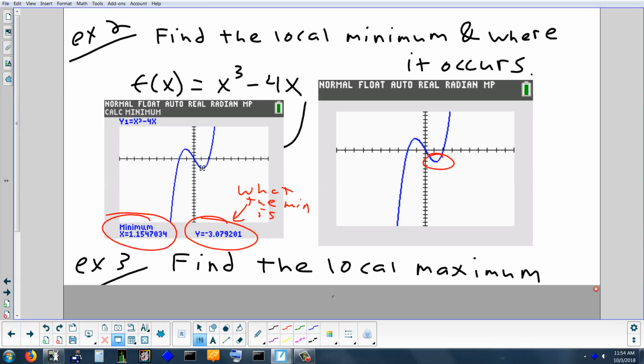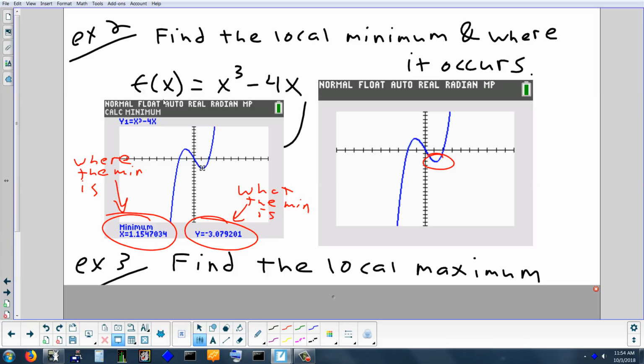If I plug in 1.15 for x, I will get a value of negative 3.07. So the y value is what the actual minimum is. The x value is where the minimum is. So this has a minimum value of negative 3.07, and it occurs when x is 1.15.